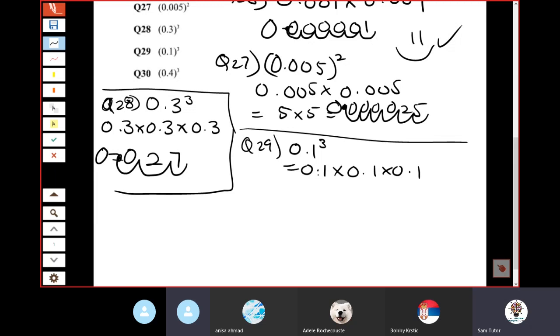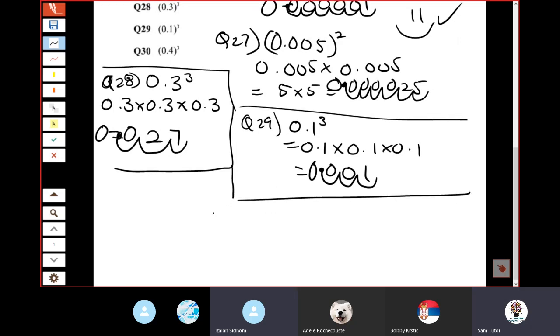Yep. All right. 0.1 times 0.1 times 0.1. It's just going to be 1 times 1 times 1, which is obviously 1. And then how many times do you have to go to the left? 3. 1, 2, 3. The answer is 0.001.